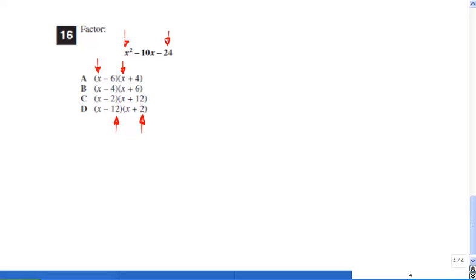The other way will be to basically go ahead and FOIL each one of these products. You go that way. That is another way in which you can basically figure out what is the right factorization of that. Okay, or you can start by saying, hey, definitely it is going to be x as the first term in each one of them, right?